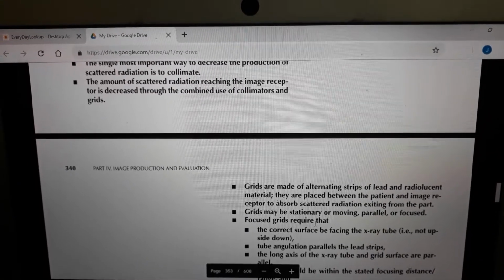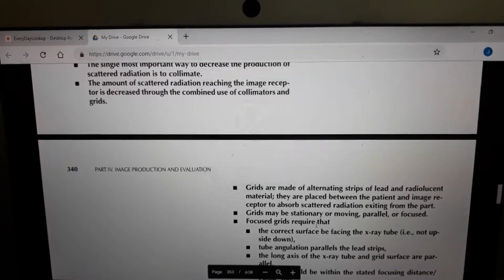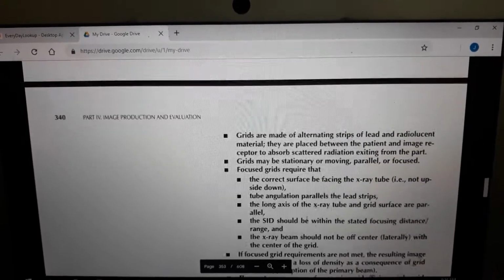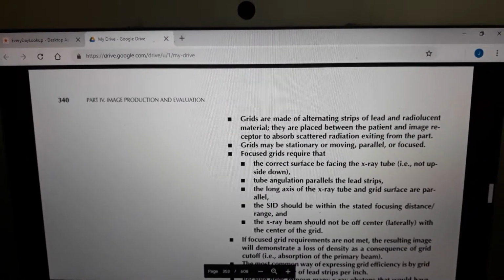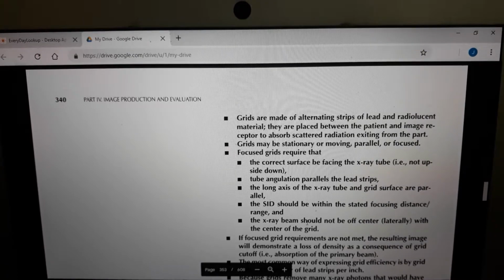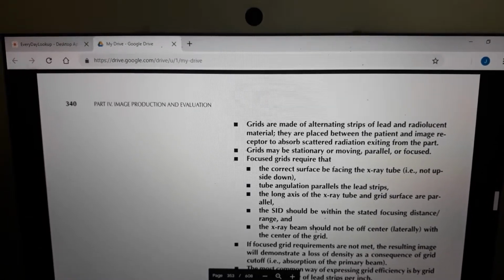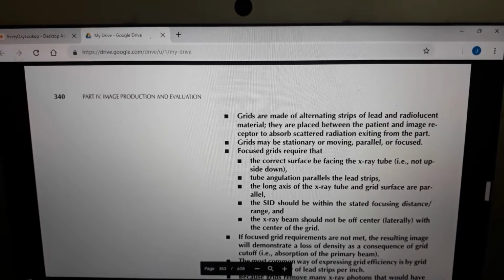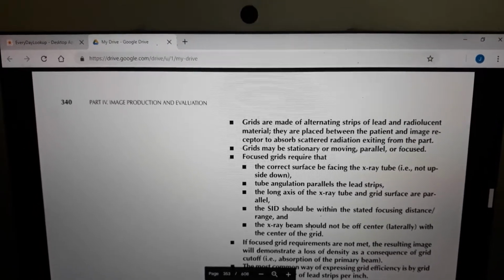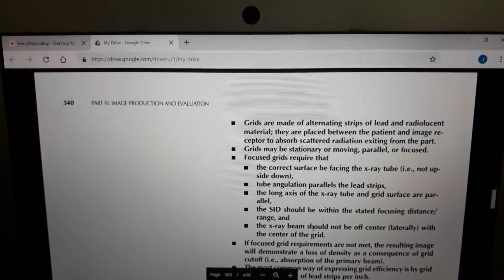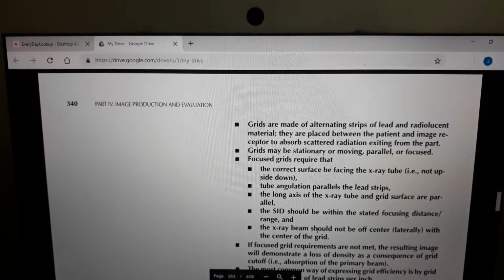Grids may be stationary or moving, parallel or focused. Focused grids require that the correct surface be facing the X-ray tube, not upside down. Tube angulation should be parallel to the lead strips. The long axis of the X-ray tube and grid surface are parallel.